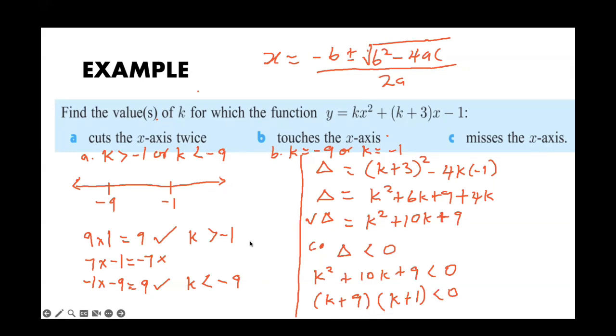When answering a, we already determined that the set of values that will make the left side of the inequality less than 0 is when k is between -9 and -1. Therefore, the set of values that will make the function miss the x-axis are k greater than -9 and k less than -1.